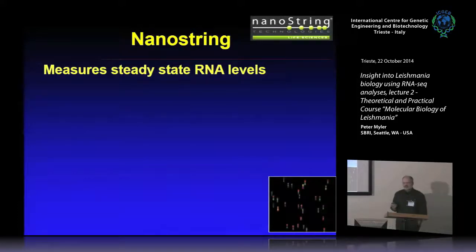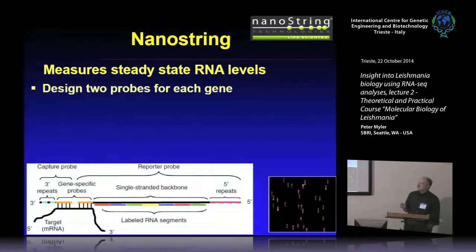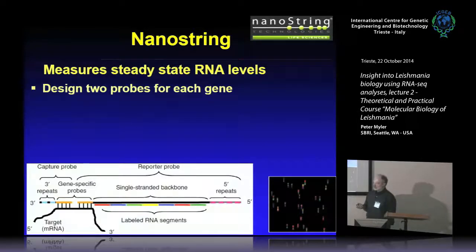There's another technology that's even newer called Nanostring, which has an advantage that I'll come to in a moment, but essentially it's sort of like a microarray, but it's digital. And the way it works is that for each gene, you design 2 probes. One of the probes is called the capture probe.